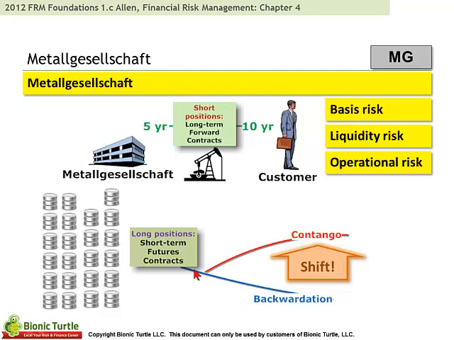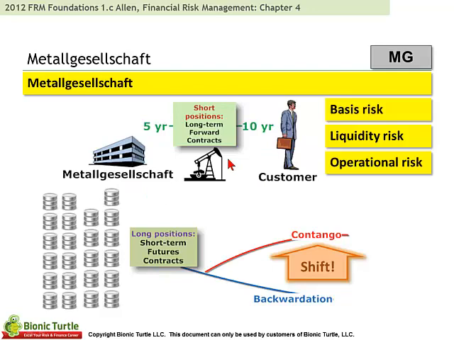Metallgesellschaft is a personal favorite of mine because it's so instructive. The company was engaged in an underlying exposure of being short an essentially long-term forward contract with its customer, and hedged those with a stack and roll of long positions in short-term futures contracts.